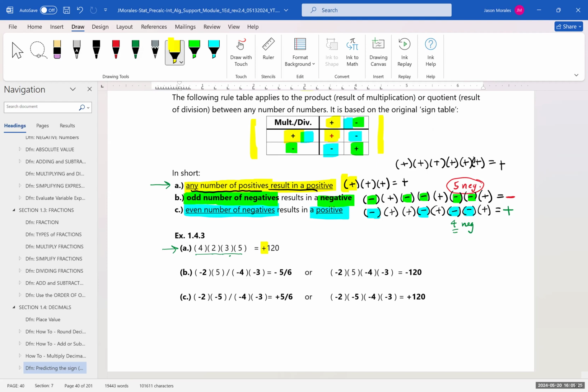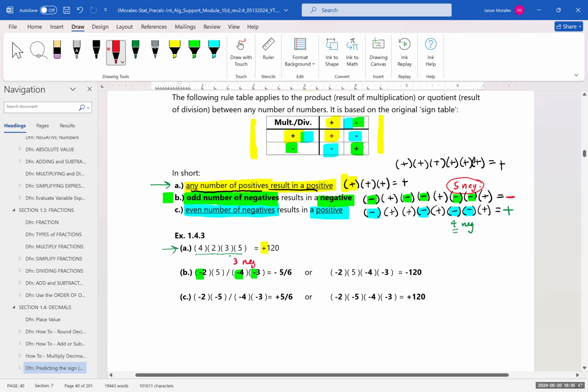Part B, this is looking at the example of an odd number of negatives. So here we've got division, and we've got 1, 2, 3 negatives. So 3 negatives, that's an odd number of negatives.